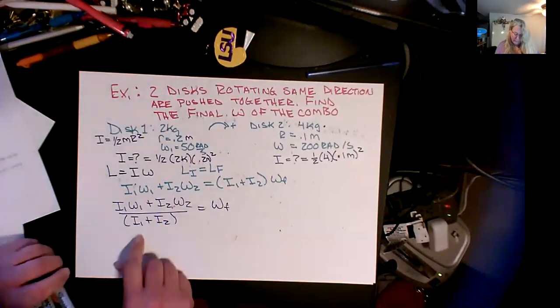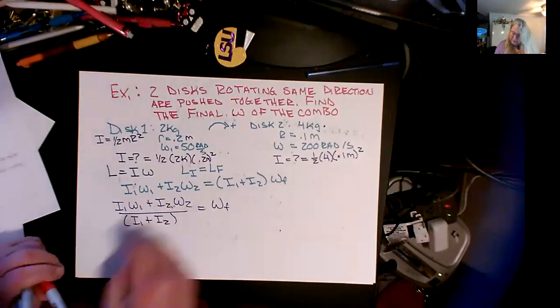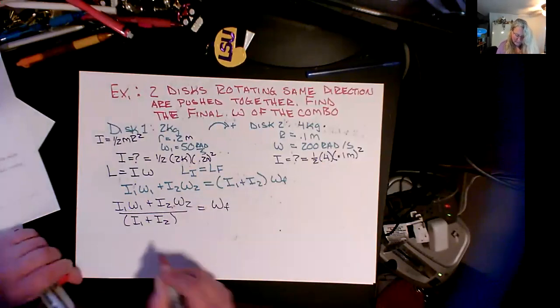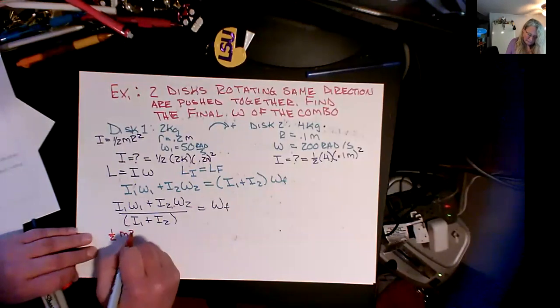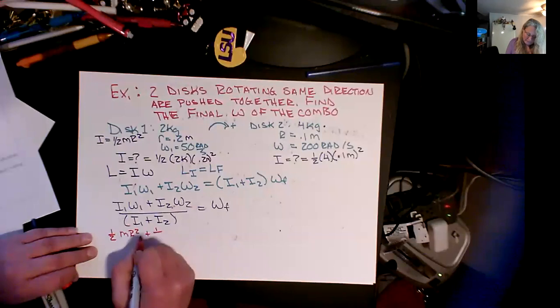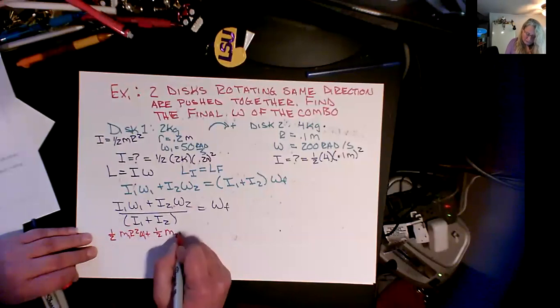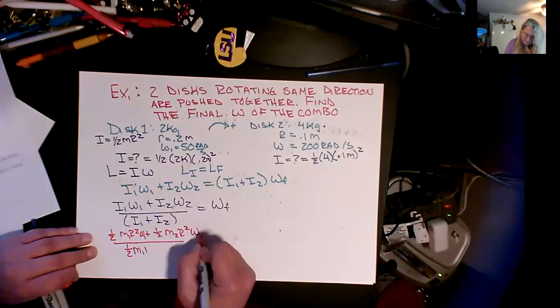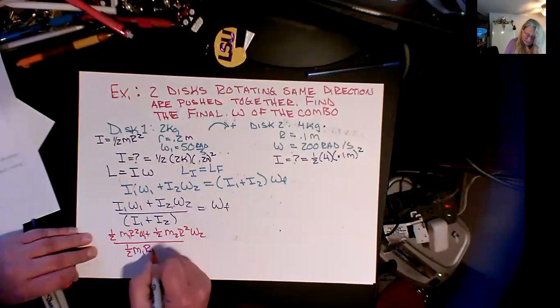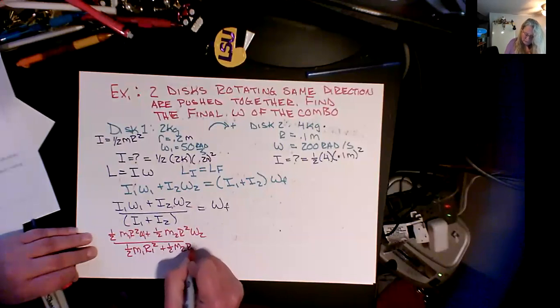Now, one of the fun things I can do here, if I want to save on some button pushing: my R's are different, but I have a 1/2 in each of these. So I have 1/2 m1 r1 squared omega 1 plus 1/2 m2 r2 squared omega 2, divided by 1/2 m1 r1 squared plus 1/2 m2 r2 squared.